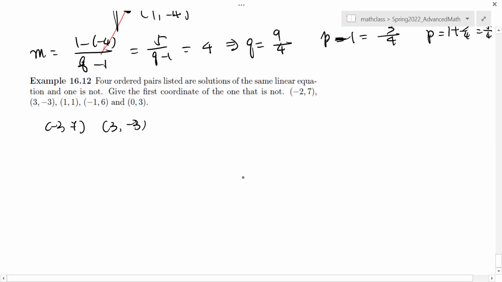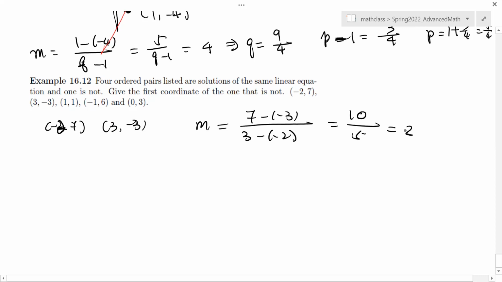So I get slope, and that is going to be 7 minus -3 over -2 minus 3. That's 10 over -5, which is -2. Let's see, -2, 7, and 3, -3. So the difference of that coordinate is going to be -2.